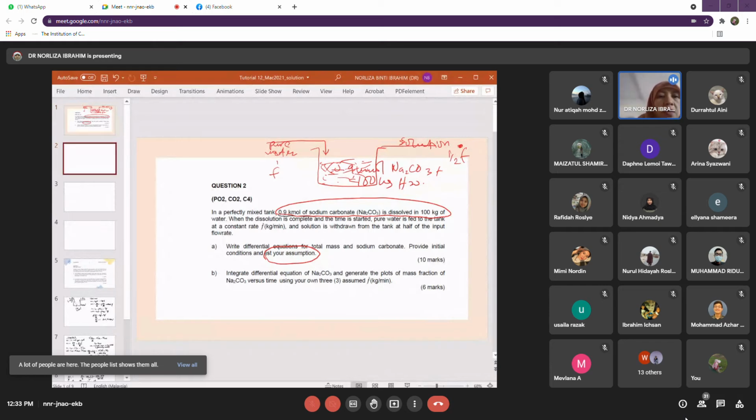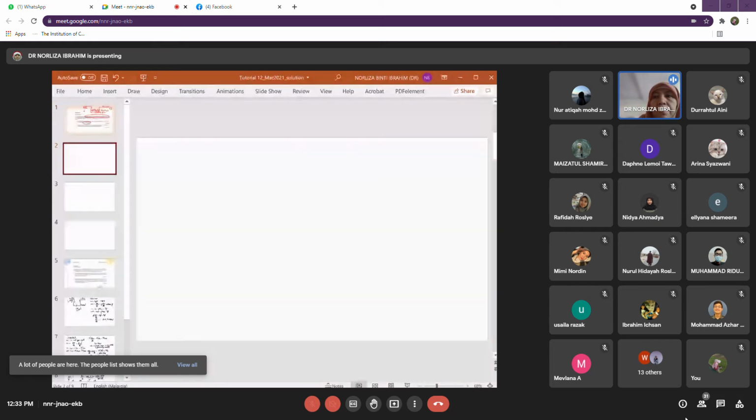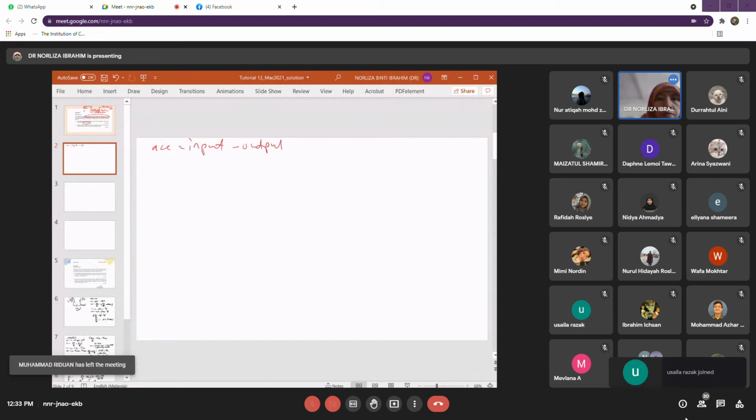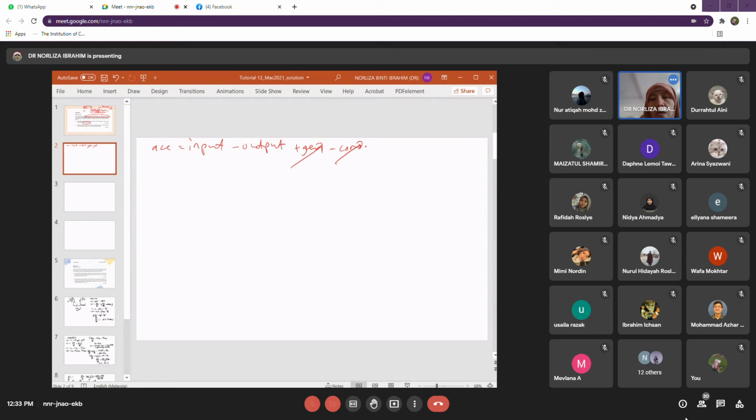So we start from the general equation: input minus output. If I want to put generation minus consumption, I cross this out because I neglect it, so I can say non-reactive.